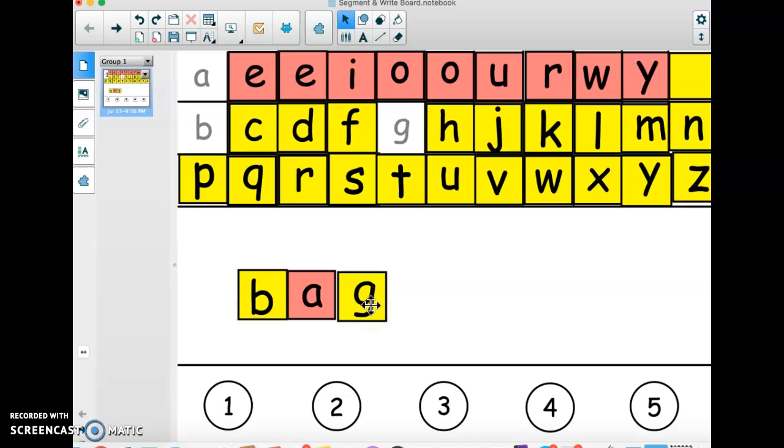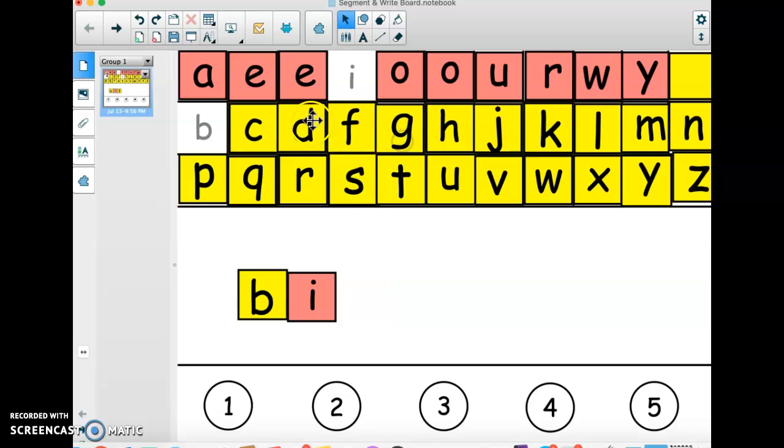All right, now this time you can just set your letters down, put your pencils down, or if you're using a pencil to write the word or whatever you're doing, just watch and read. So I'm going to change my old word bag to my new word. What's my new word? Nice job. Big. I want to change my old word big to my new word.